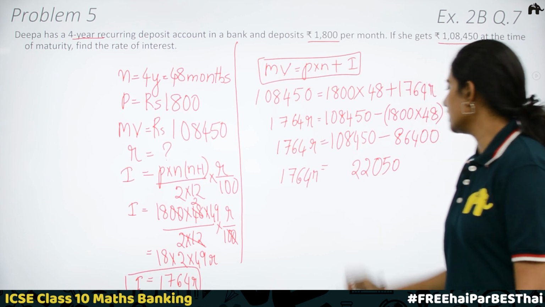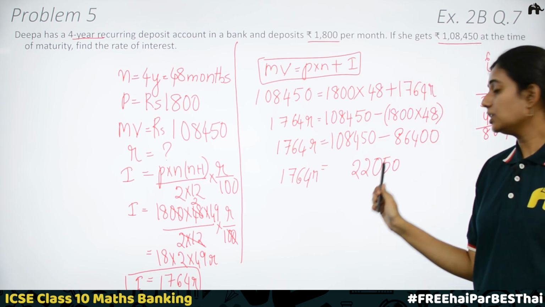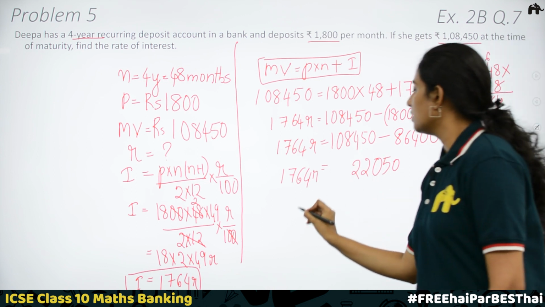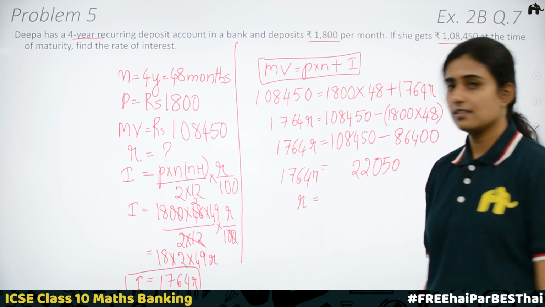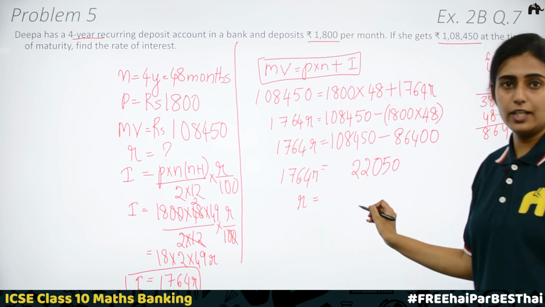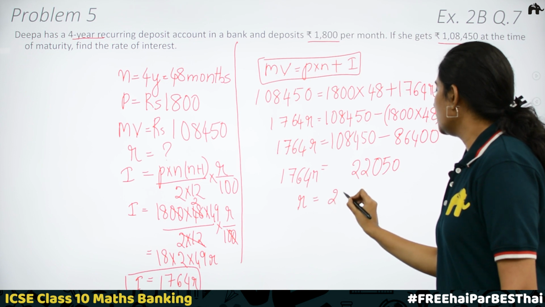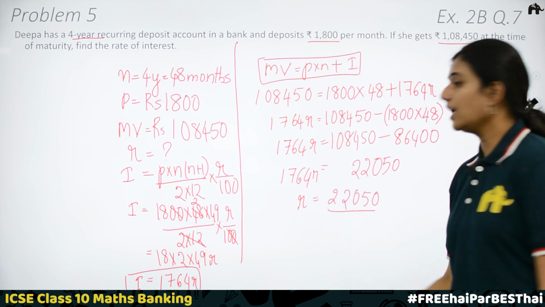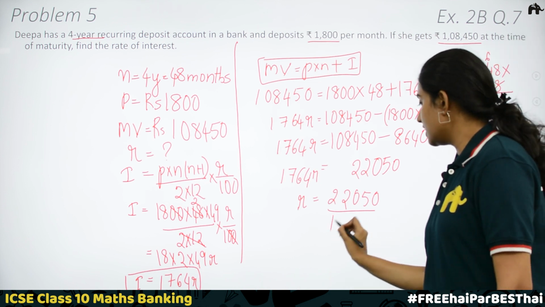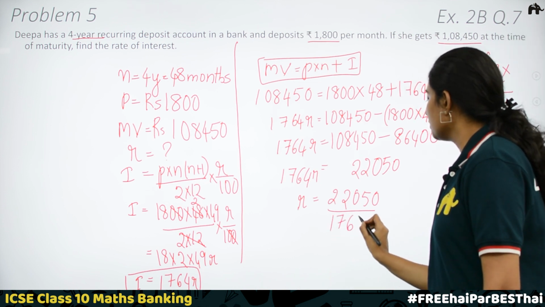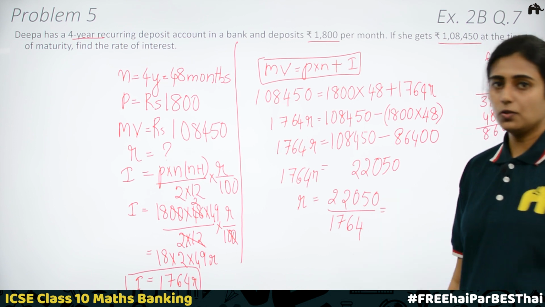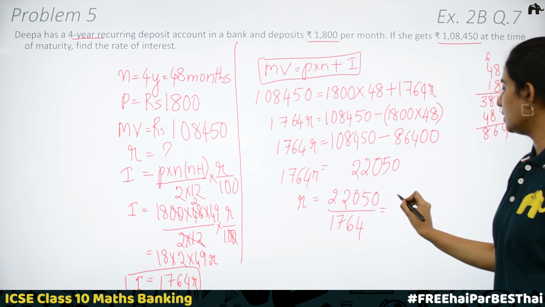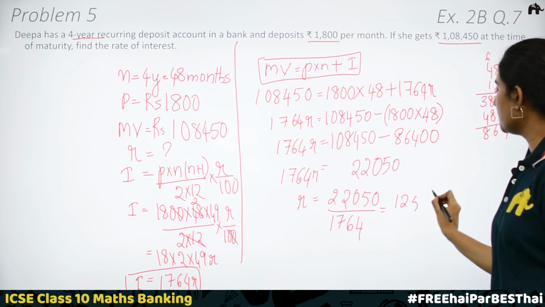1764 R is equal to 22,050. What is the value of R? Taking this to the denominator, that is 22,050 divided by 1764, which is equal to, your final answer will be 12.5%.